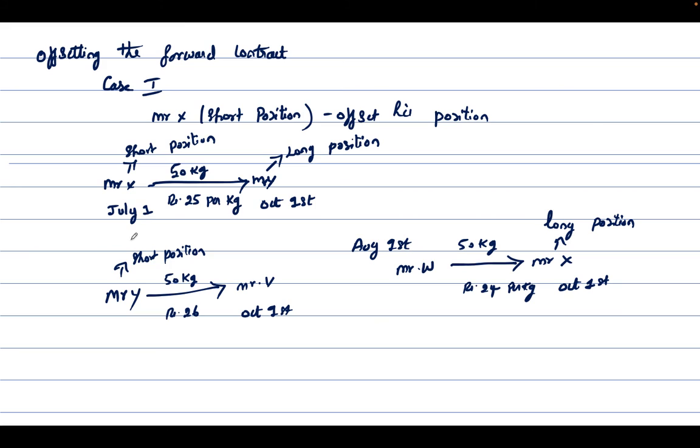So in between July to October, this happens on August 1st. Here his long position has offset the contract by making another forward contract in which his position is short. So yes, he has offset the contract.